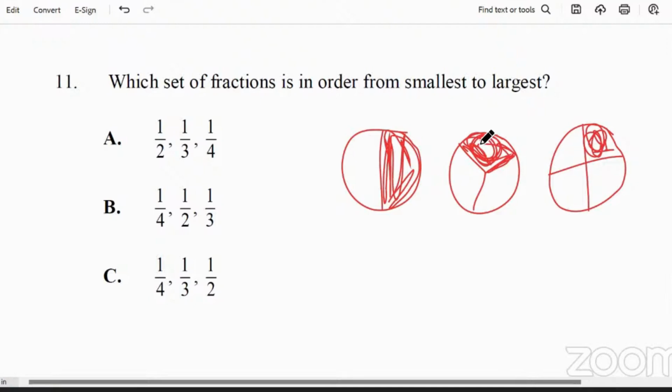I would think this is the smallest piece, 1/4, then 1/3, and then a half would be the biggest piece. So let's see if we see an arrangement that matches what I did over there, where 1/4, then 1/3, then a half. The option there is C.